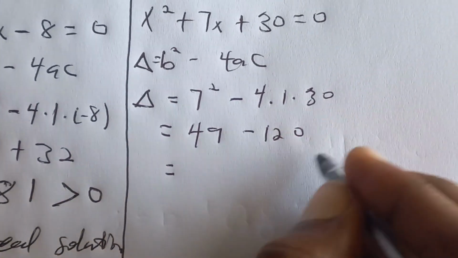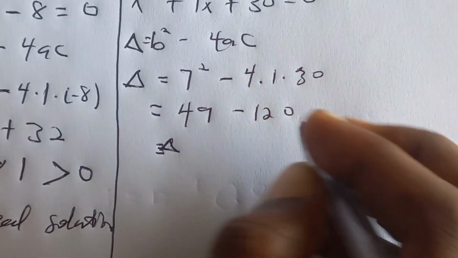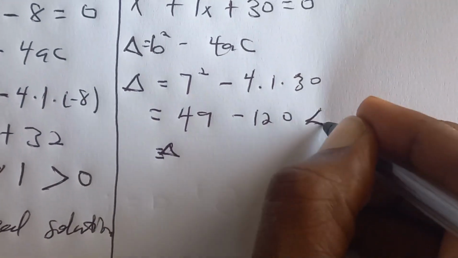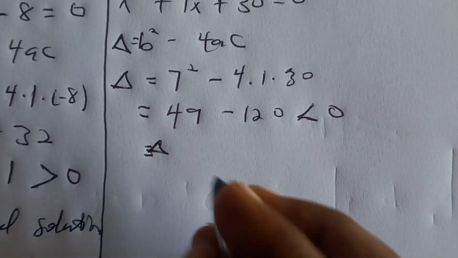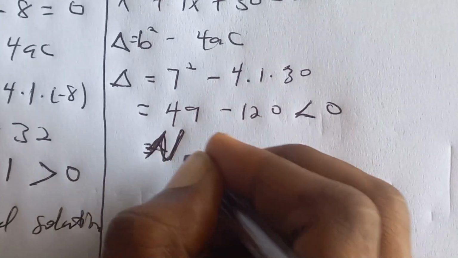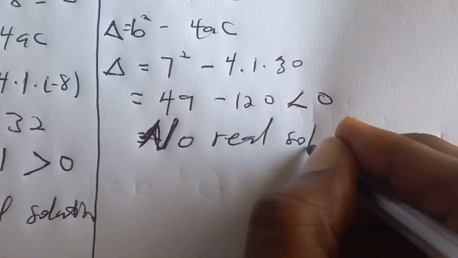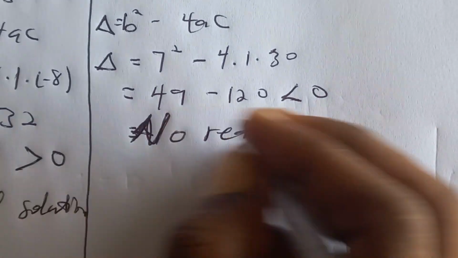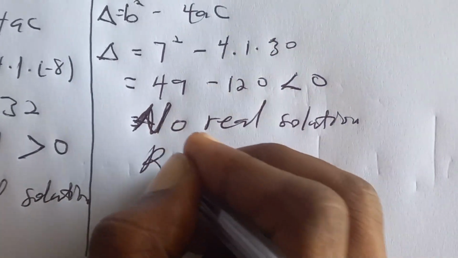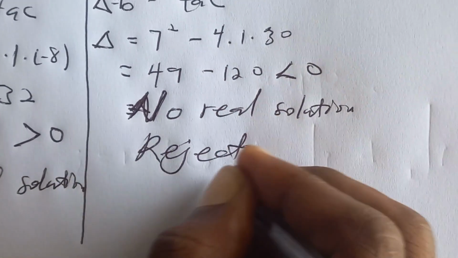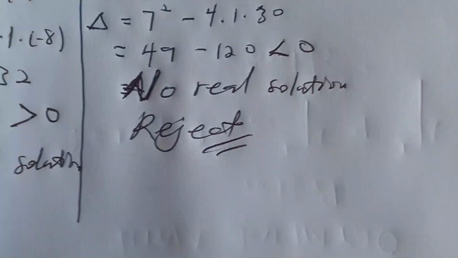Okay, so you can see that our discriminant here is less than 0. So we say that it has no real solution. So in this case, we reject this.